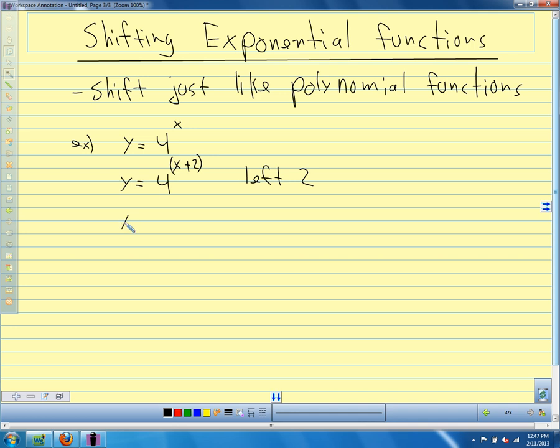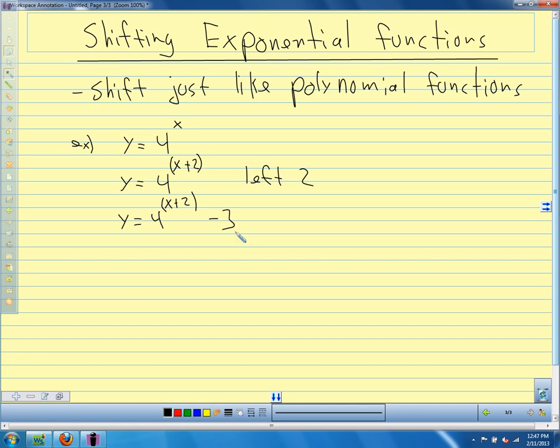So if I had y equals 4 to the x plus 2 minus 3, how would that one shift? All right, can you help us out, Parker? Y equals 4 to the x plus 2 minus 3.